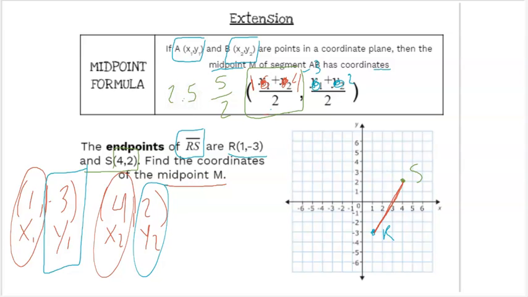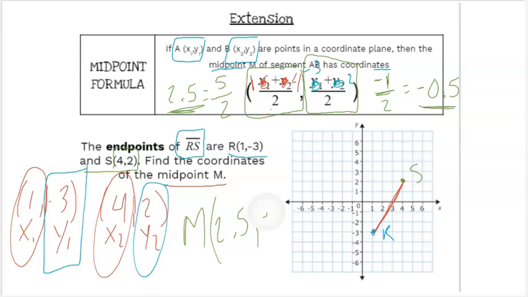And yes, you will get decimals sometimes because division does not always work out evenly. And then on this side, we have -3 plus 2, which is -1, over 2. -1 divided by 2 equals -0.5. So our midpoint M would be (2.5, -0.5).